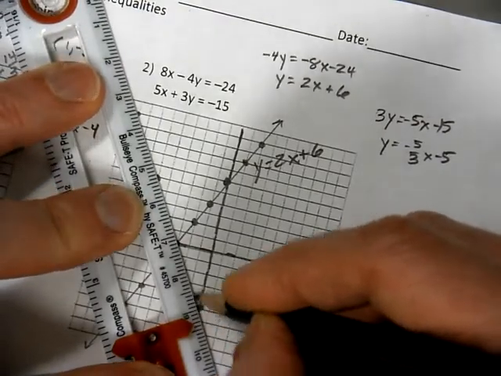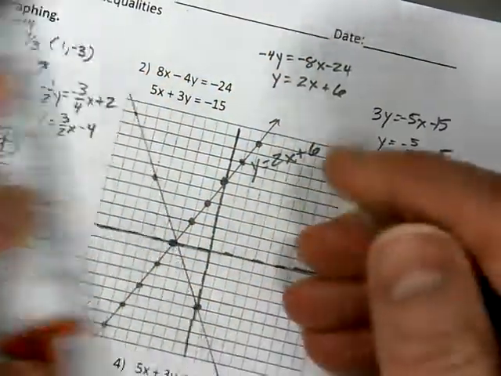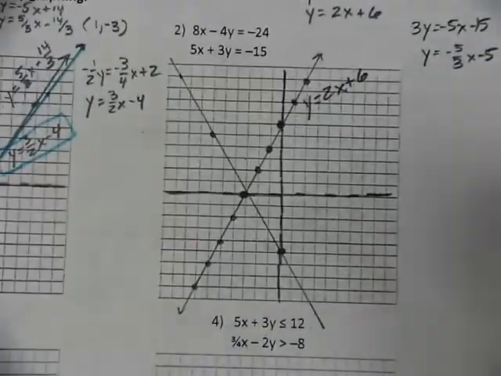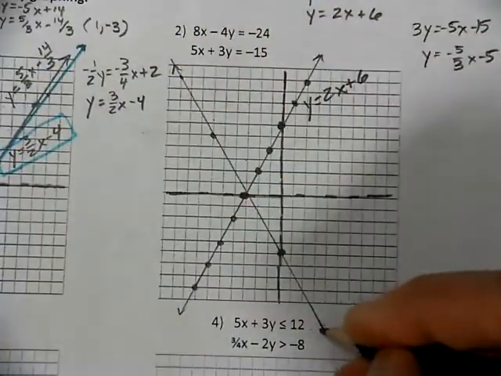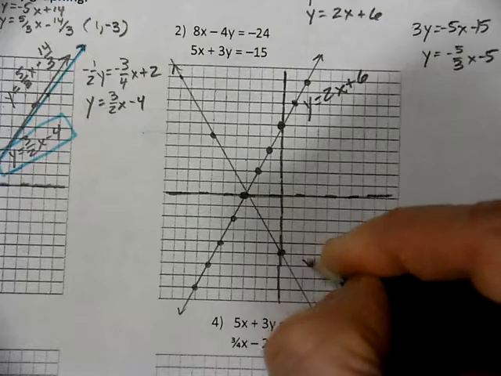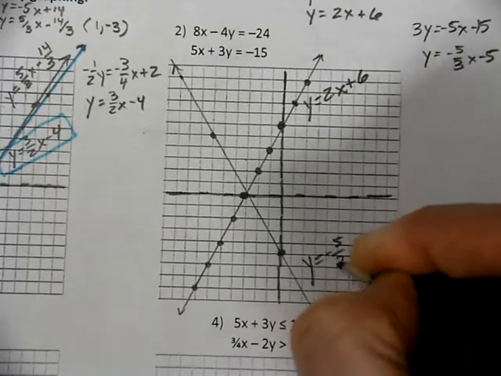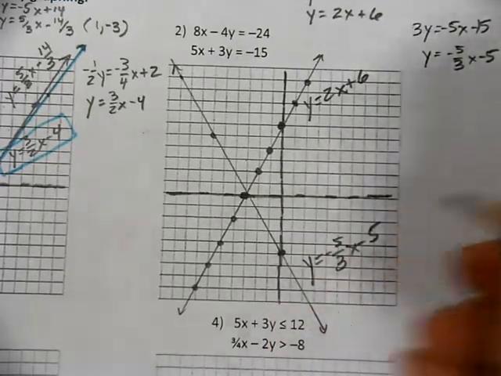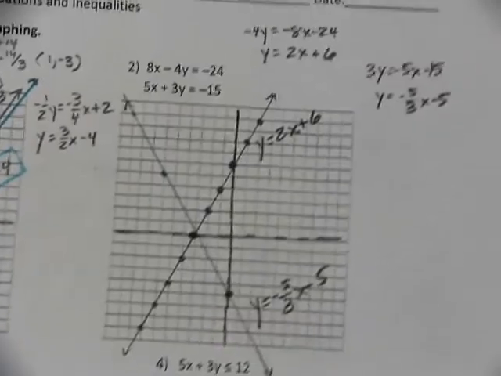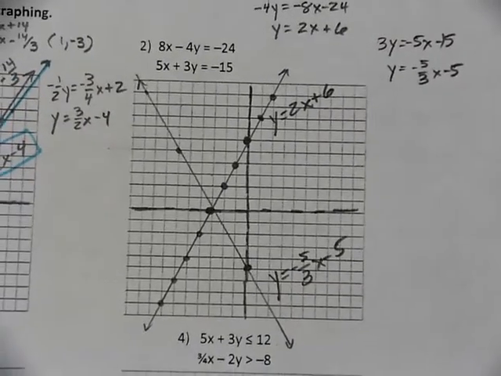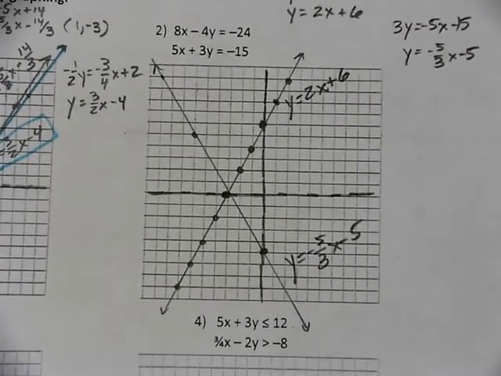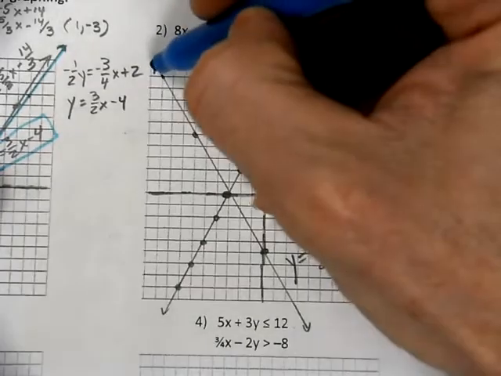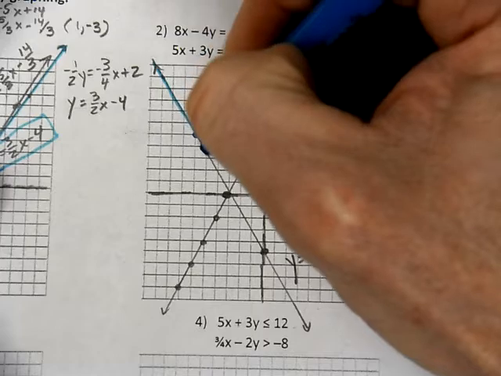Get your straight edge. And label your equation. You want to make one of those a different color to make it look nice.